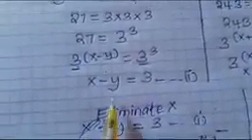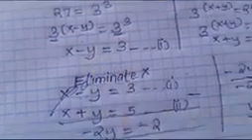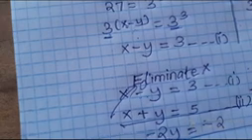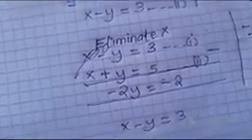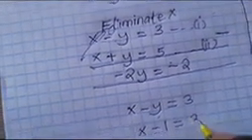We can go back to any of the equations. I can go back to equation 1, which says x minus y equals 3. So where there is y here, I will put 1, because you remember the value of y is equal to 1. So now we can have x minus 1 equals 3.